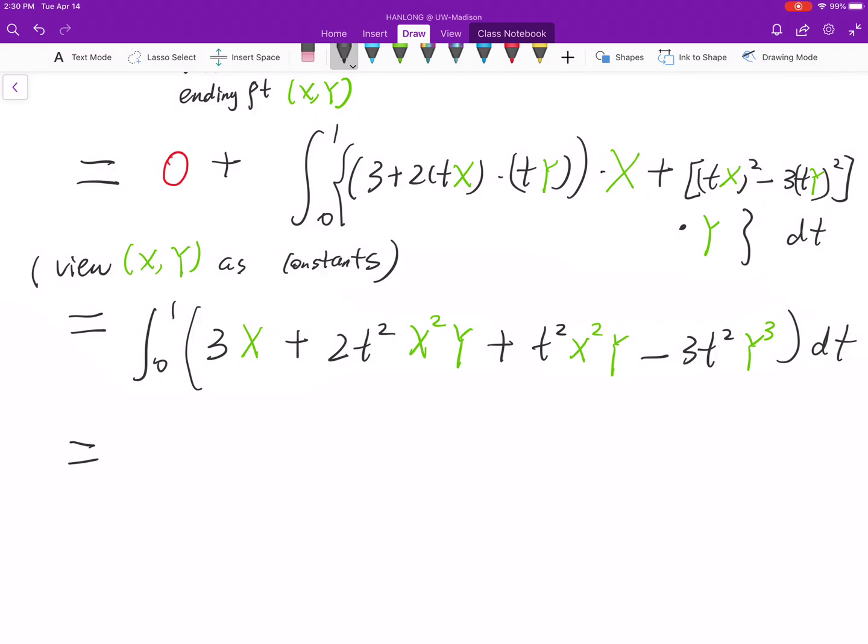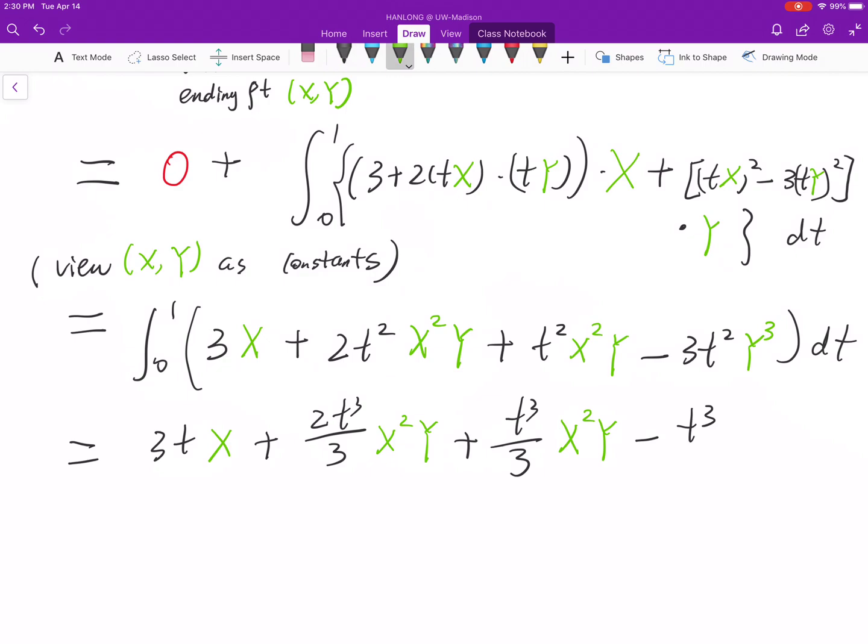You have 3t x plus 2t cubed over 3 x squared y plus t cubed over 3 x squared y minus t cubed y cubed, evaluated at 1 and 0.